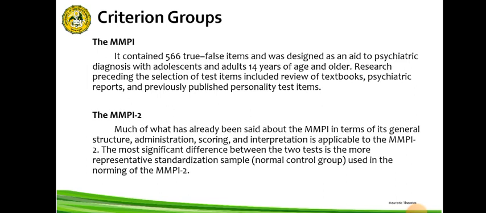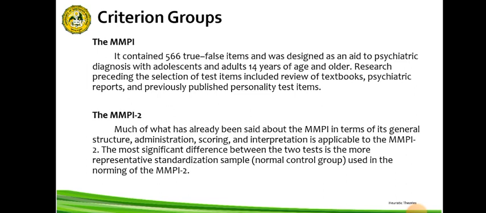Later on, another version of the test will be discussed, the MMPI-A for adolescents, which was developed to be administered to adolescents. In 2008, a shorter version of the MMPI-2, known as the MMPI-2 Restructured Form, was also created.